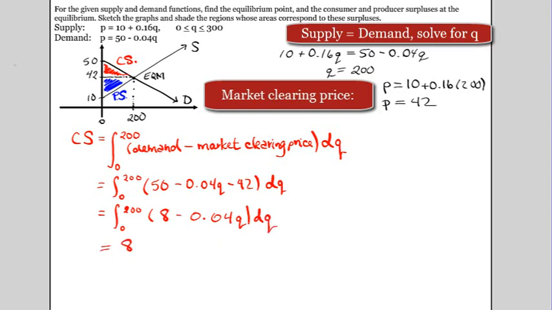The antiderivative of 8 minus 0.04Q is 8Q minus 0.04Q squared divided by 2. I'll leave it to you to verify that after evaluating and simplifying, the consumer surplus equals 800.